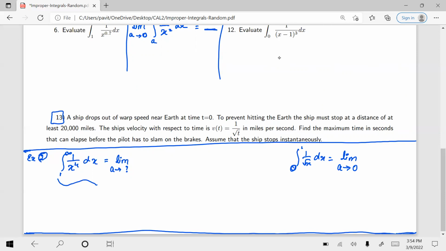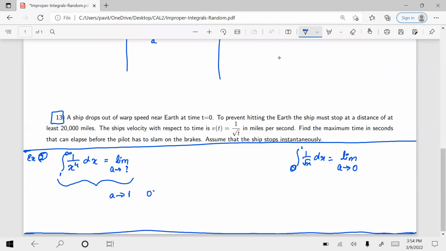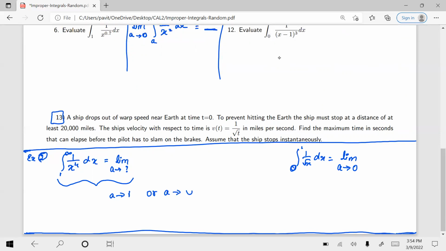Now, what about this problem? Should this be a tends to 1 or a tends to infinity? What do you think?